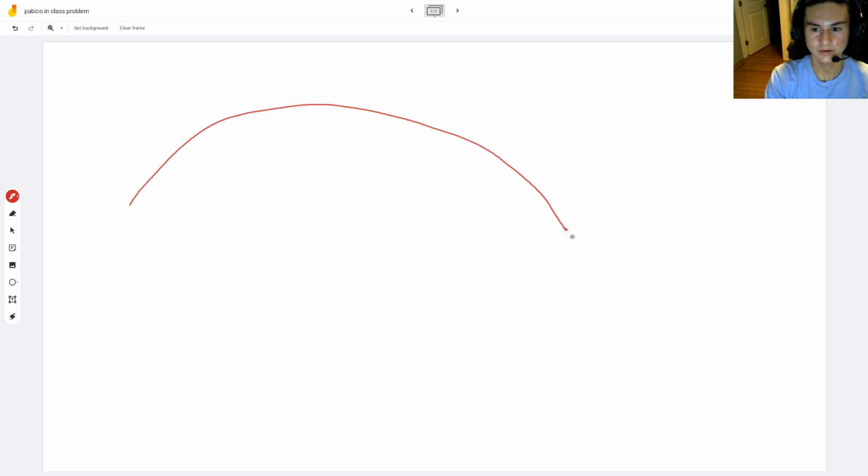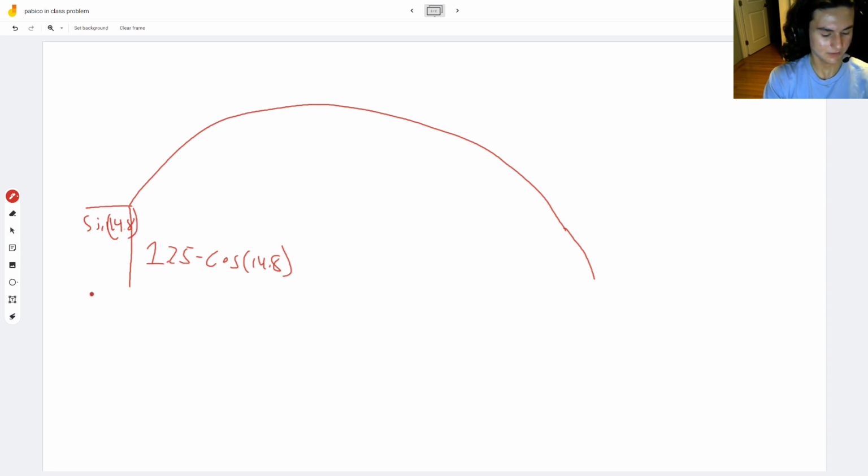So it'll go a little bit lower, but basically we're starting up 1.25 minus cosine of 14.8, and then we're starting over by sine of 14.8.